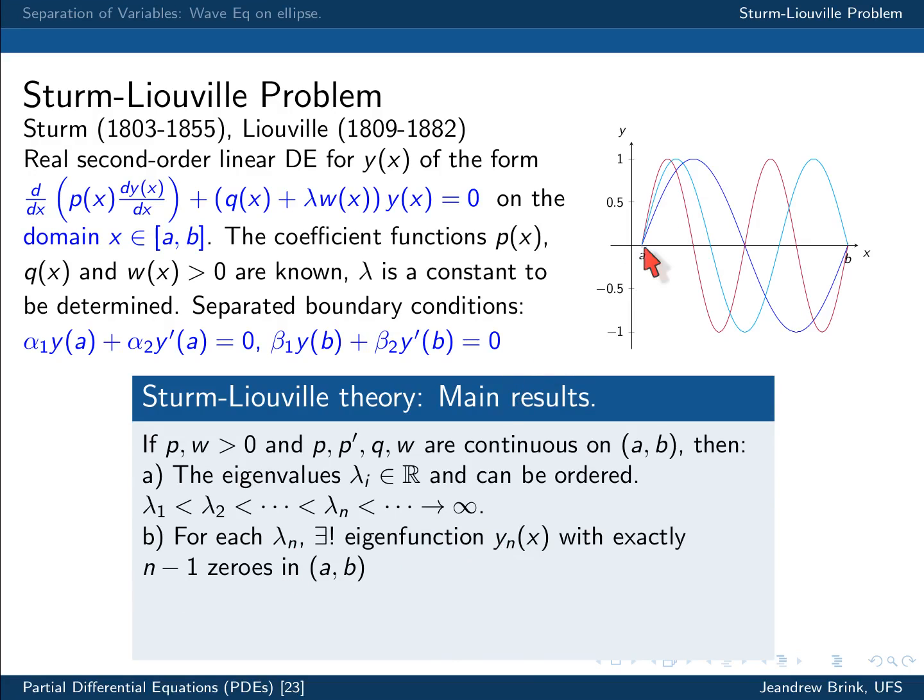Okay, so lambda 1, which is the solution I haven't plotted, which is just one hump going there, has no zeros. Lambda 2, which is this sinusoid that crosses over there, has two humps, has 1 zero. Lambda 3, which is this psi n sinusoid, has 2 zeros, etc., etc.